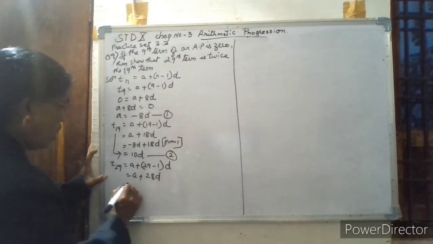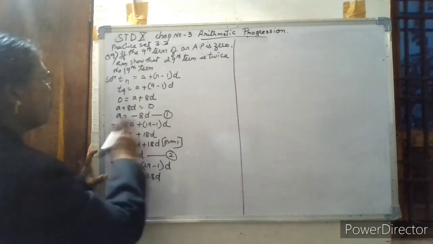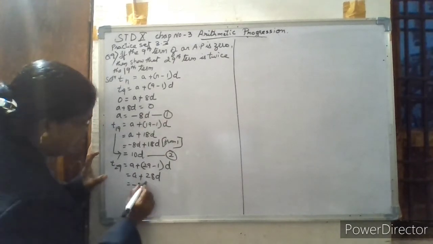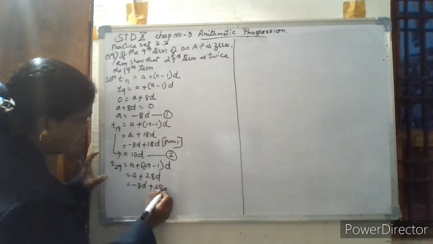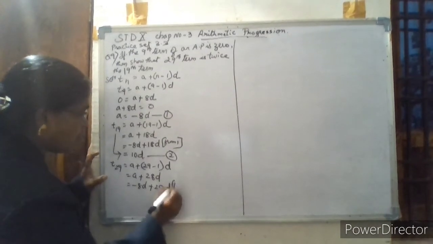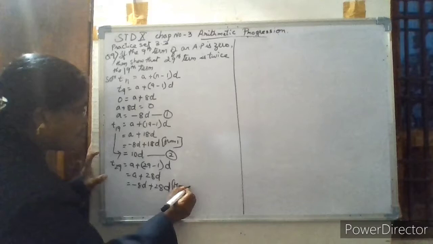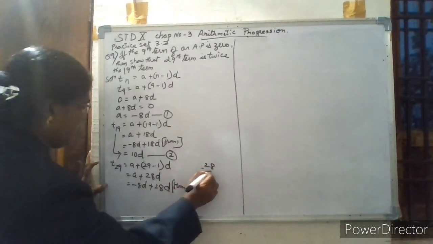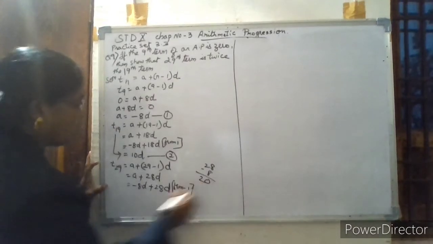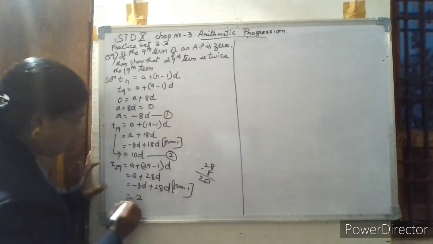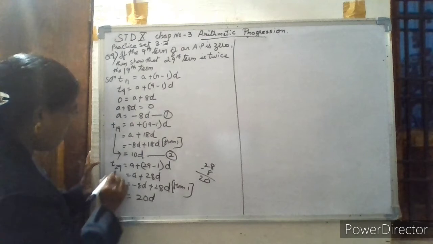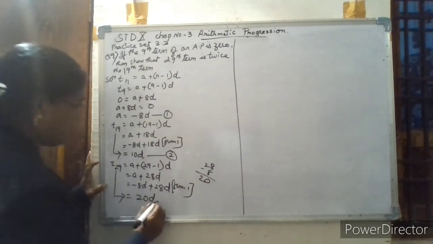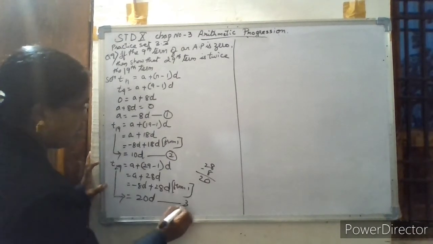Now for a, again from equation 1 we get minus 8d plus 28d. If we solve this, 28 minus 8 we get 20, so this is equal to 20d. So the 29th term is equal to 20d. Take it as equation 3.